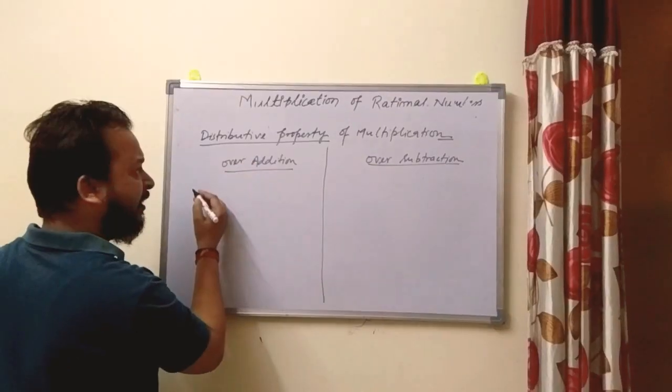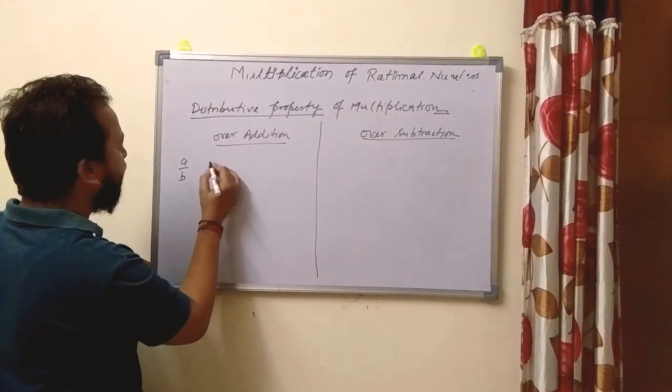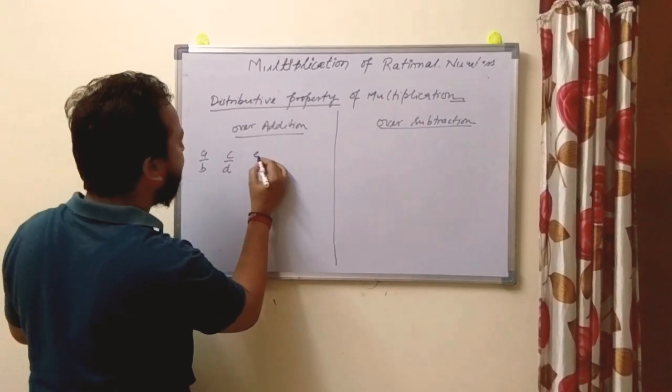Right? There are three rational numbers, that is a by b, c by d and e by f.